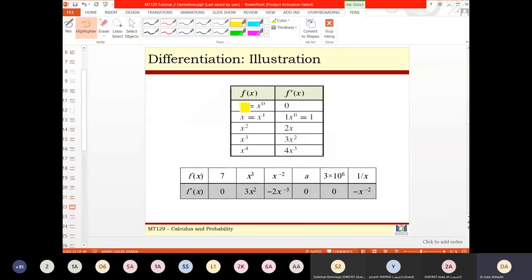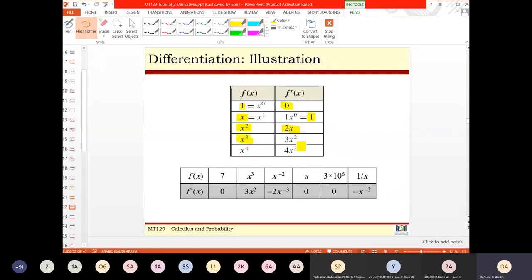What's the derivative of 1? 1 is constant. The derivative حقها ايش؟ 0. What's the derivative of x? Derivative of x is 1. What's the derivative of x squared? It is 2x. ال2 تنزل، الx نشيل واحد من الباور اللي فيها.